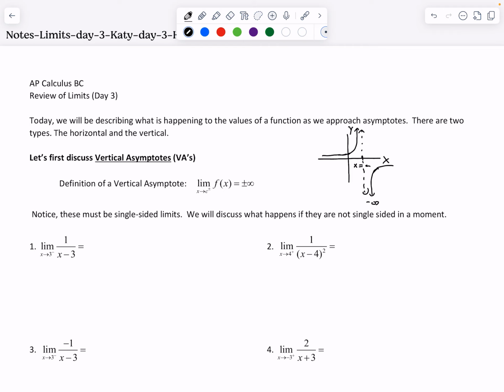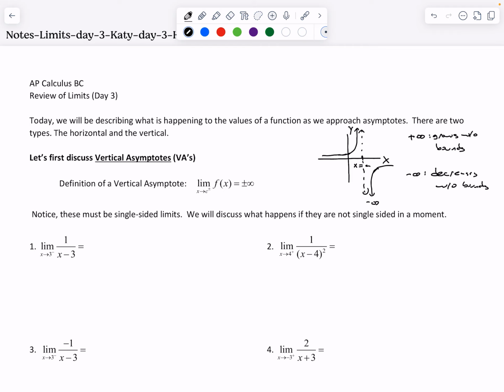In other words, we like to say the function at an asymptote either grows without bounds to positive infinity, or to negative infinity, in which case we mean that it decreases without bounds.